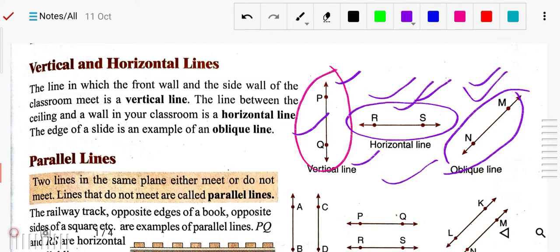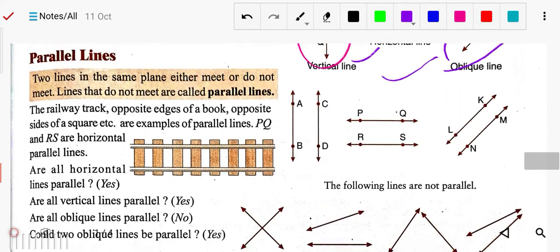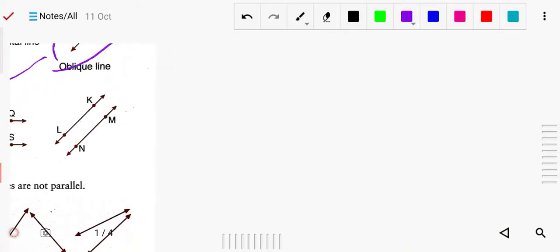Now next is parallel lines. So what are parallel lines? Two lines in the same plane either meet or do not meet. Lines that do not meet are called parallel lines. How can you understand?